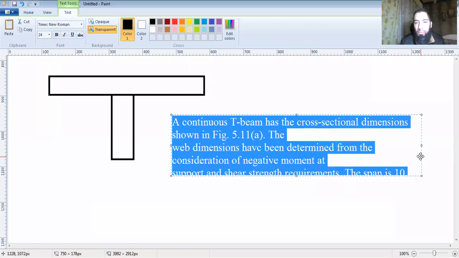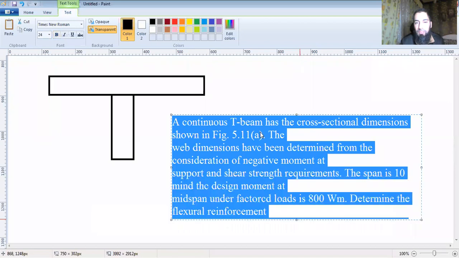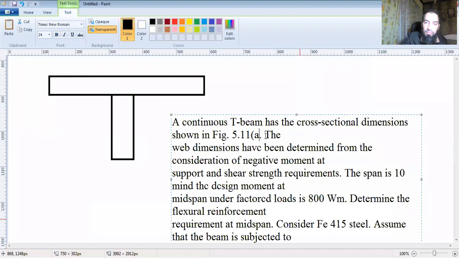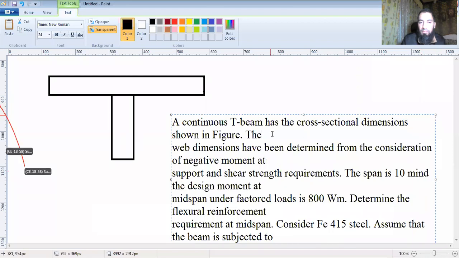I've taken this question from a book. Question 58.